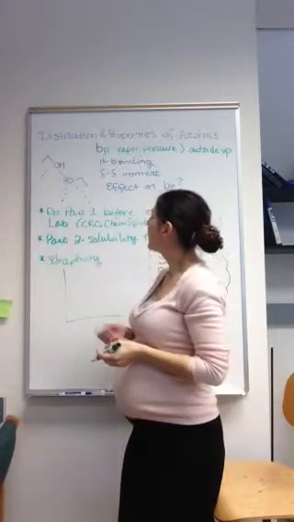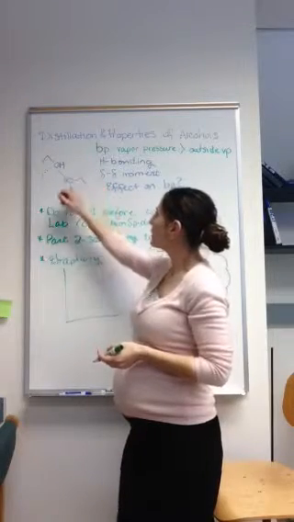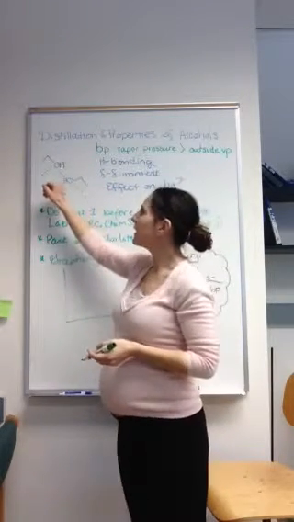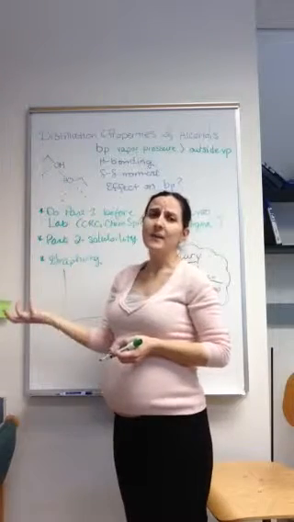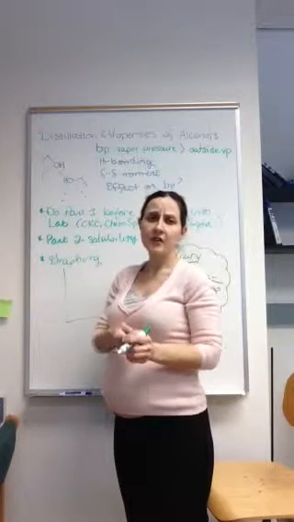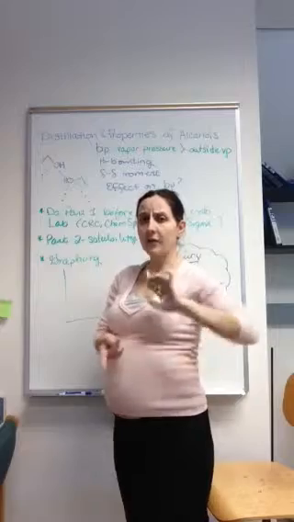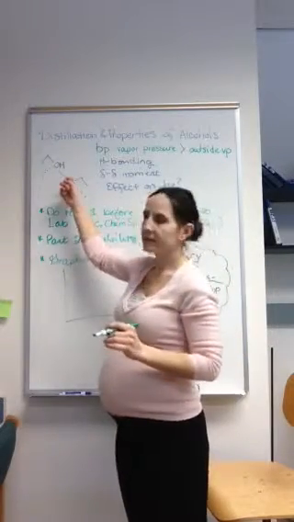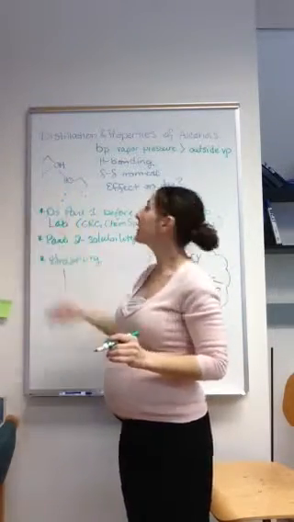One thing to think about with these attractions is that in this class we'll mostly see hydrogen bonding between nitrogens and hydrogens off other molecules, or oxygens and hydrogens off other molecules.